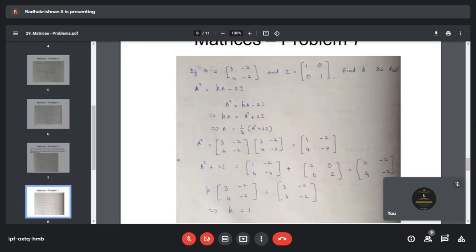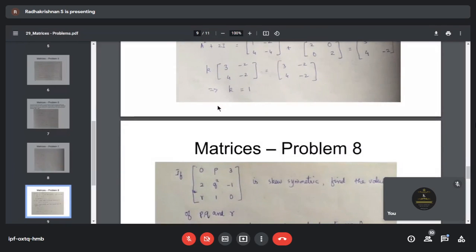By looking at it, you can say that k equals 1. Okay. Let me go to the next problem.